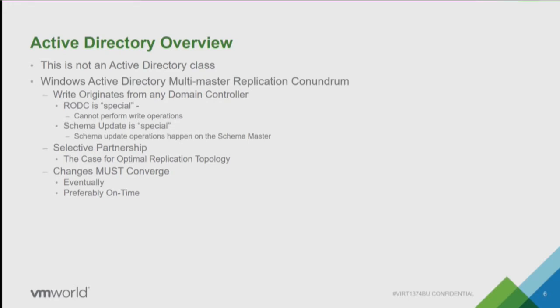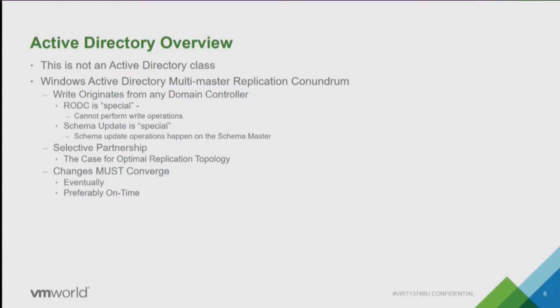AD is a multi-master replication system. You have domain controllers that share the same database, and they replicate among each other. Every domain controller is identical.